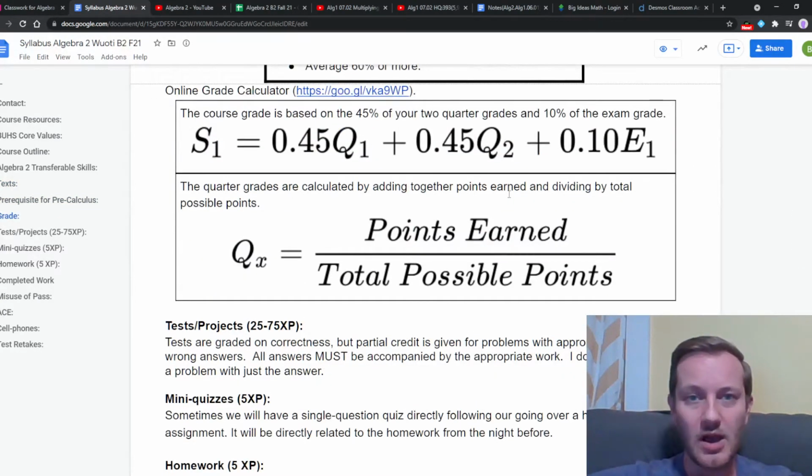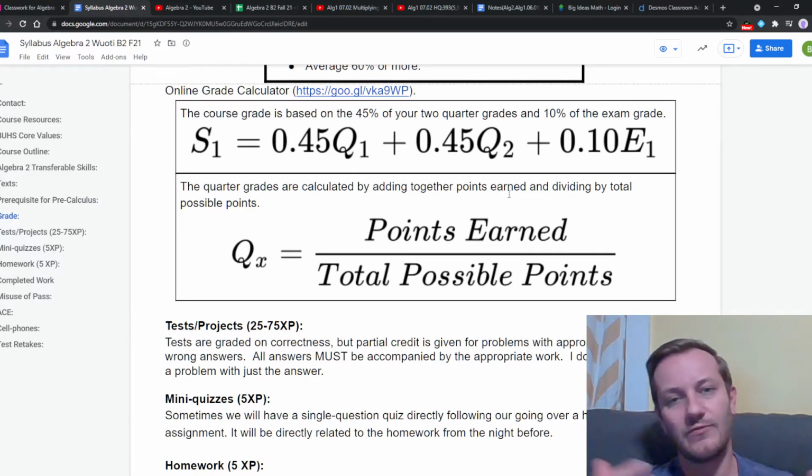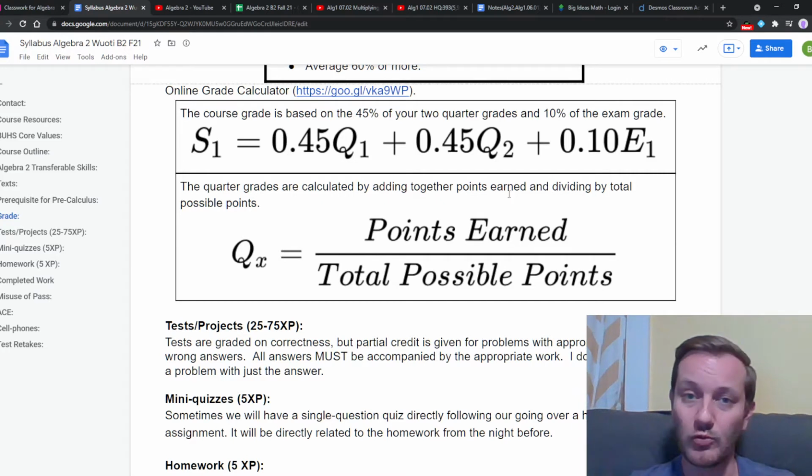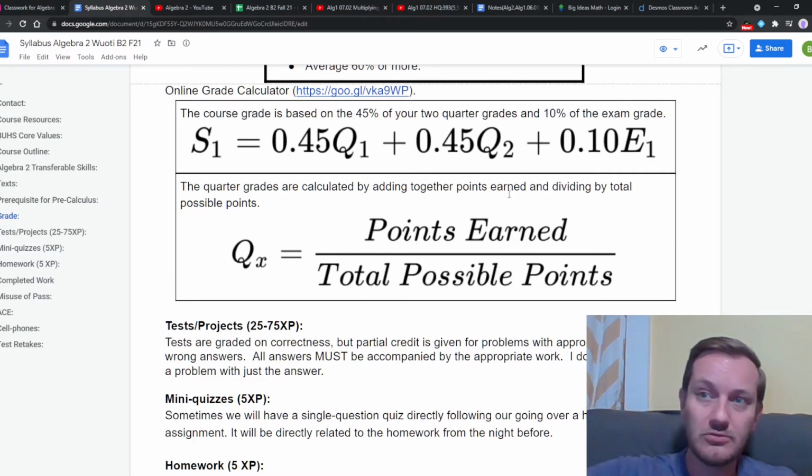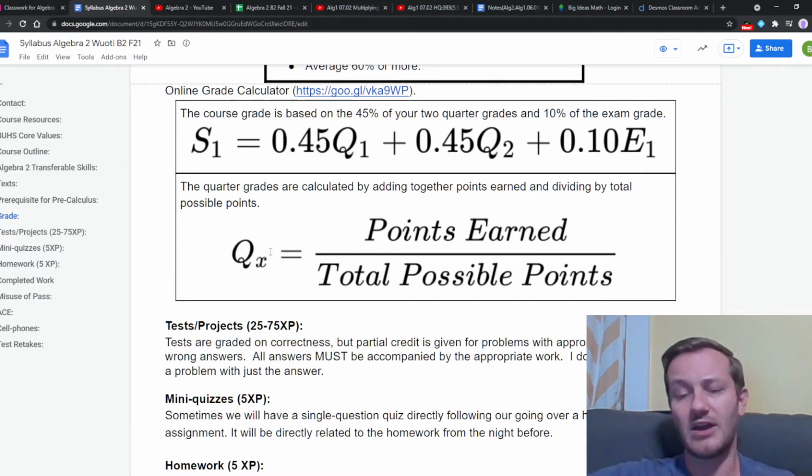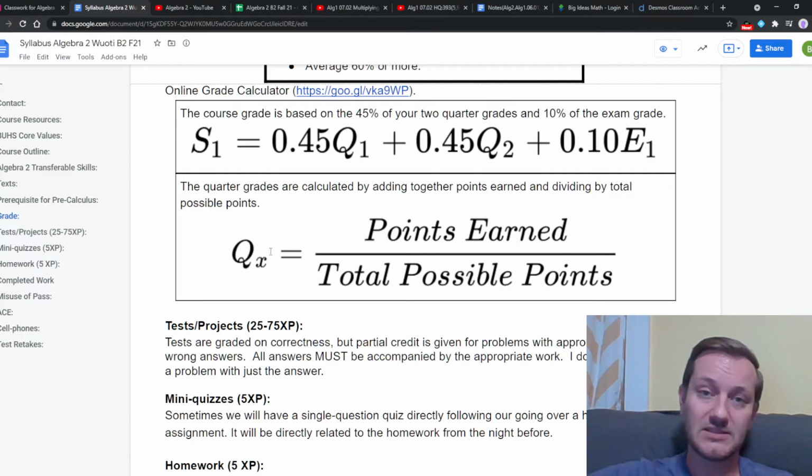All right, what is going on with these equations already? Your semester grade is 45% quarter one, 45% quarter two, and then 10% is your final exam. And as far as individual quarters, how are they calculated? The Q sub x that I've got here, it's just a total points system.